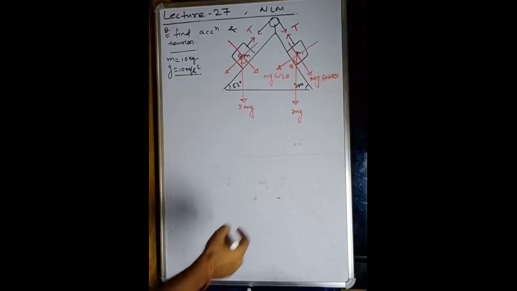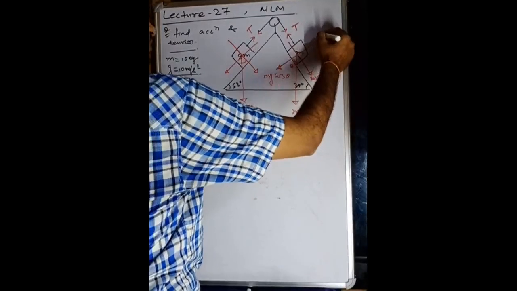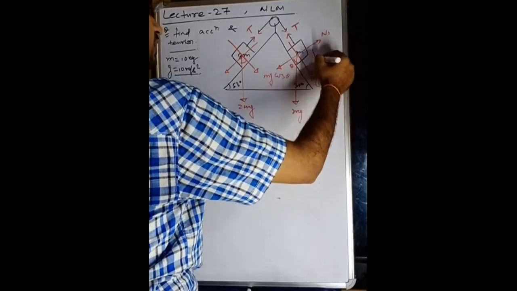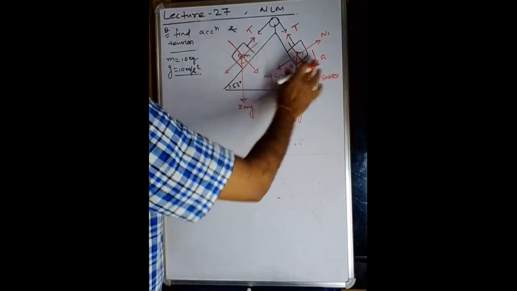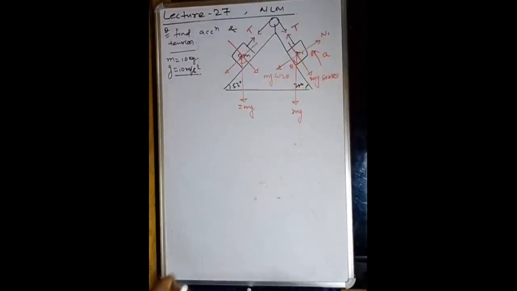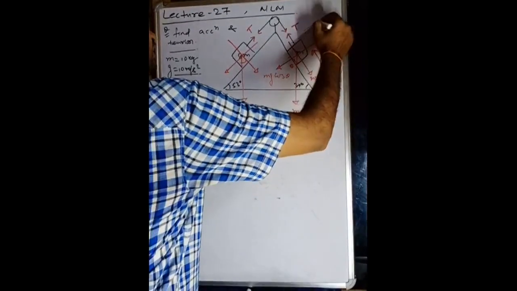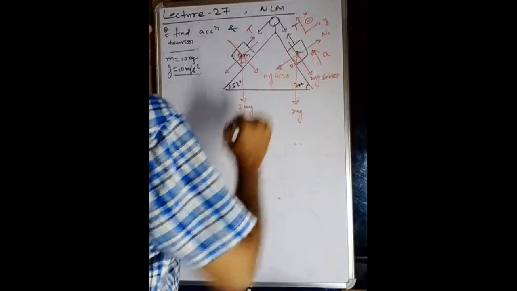For this body we are doing the free body diagram. The system is moving, here you can write the normal, it is moving in this direction, suppose. But here the 2m, so it will move in this direction. So write this way. And this is the positive axis, y and x.